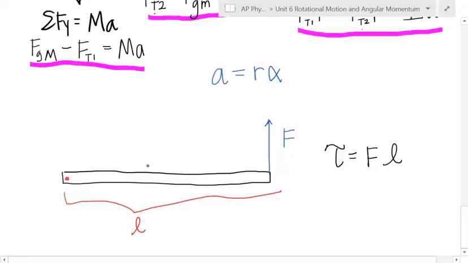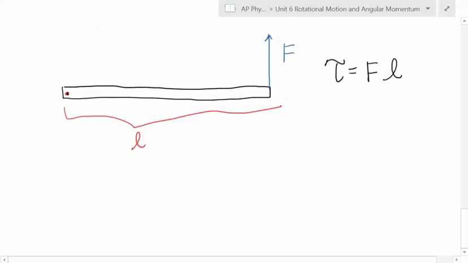The moment arm is the length of the thing that the force is being applied to.